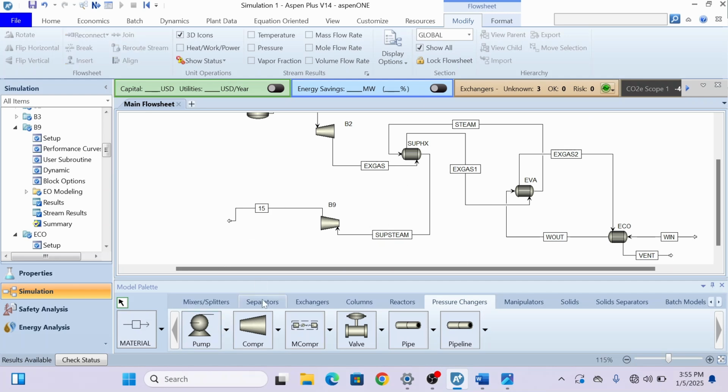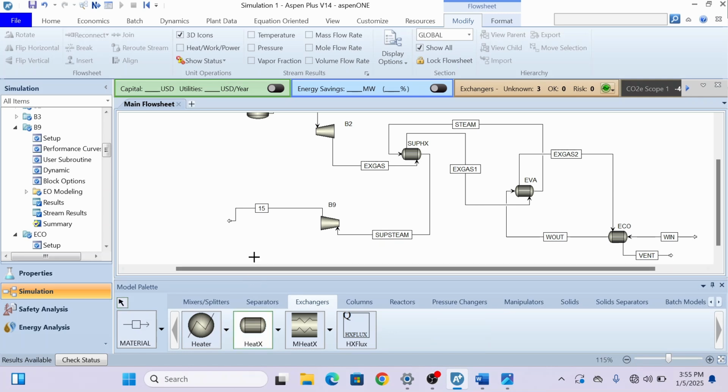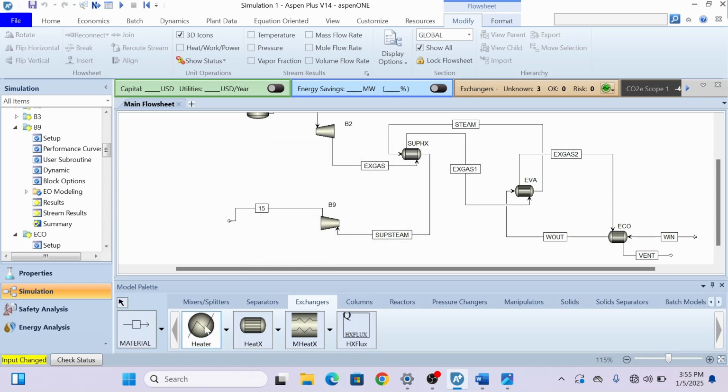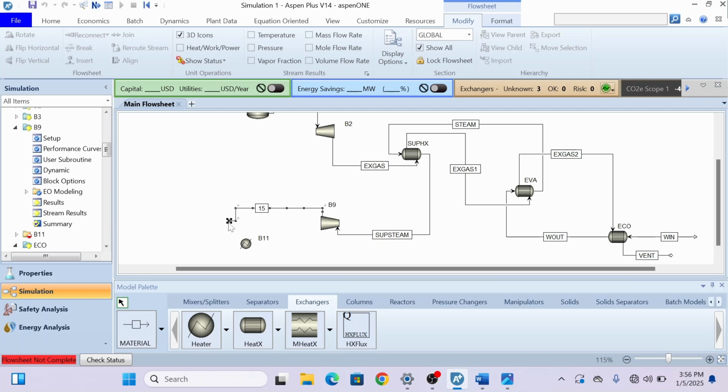So again, I will go to my exchangers. It is a heat exchanger. So sorry, I will not use a heat exchanger over here. I can use a heater over here. In the heater, I will now double click on this, and this will be my inlet. Again, specify a material stream. That is my outlet.